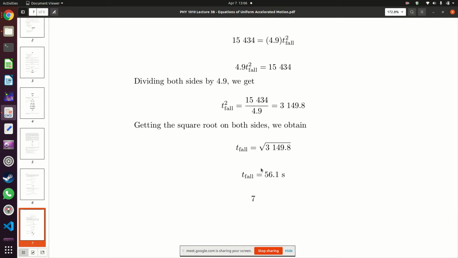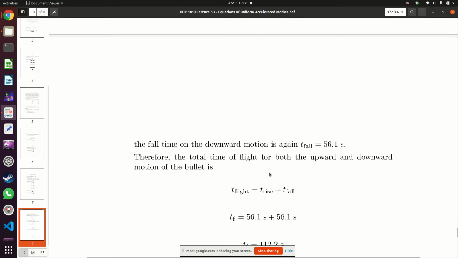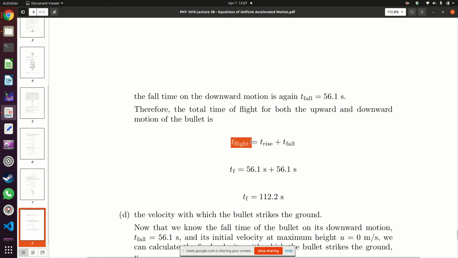So the total time it has taken the bullet to go up and then come down is going to be the sum of T rise and T fall. So the flight time, T flight, is equal to T rise plus T fall, which is 56.1 seconds plus 56.1 seconds, which gives us a flight time of 112.2 seconds.